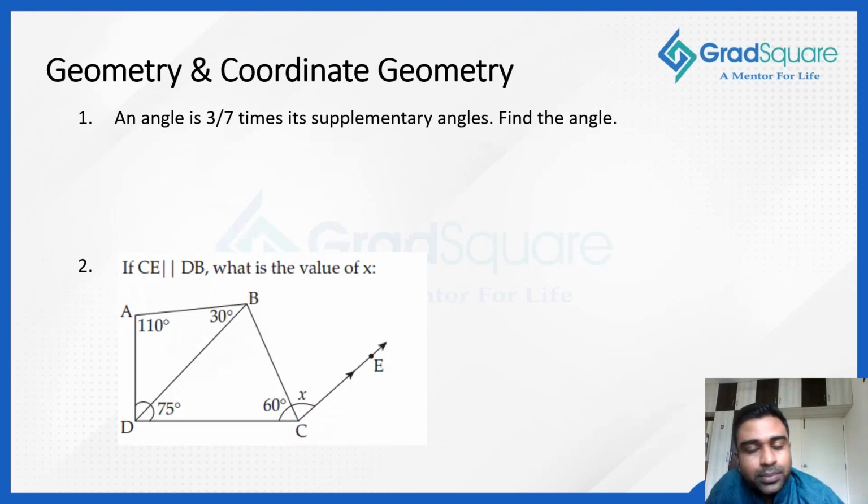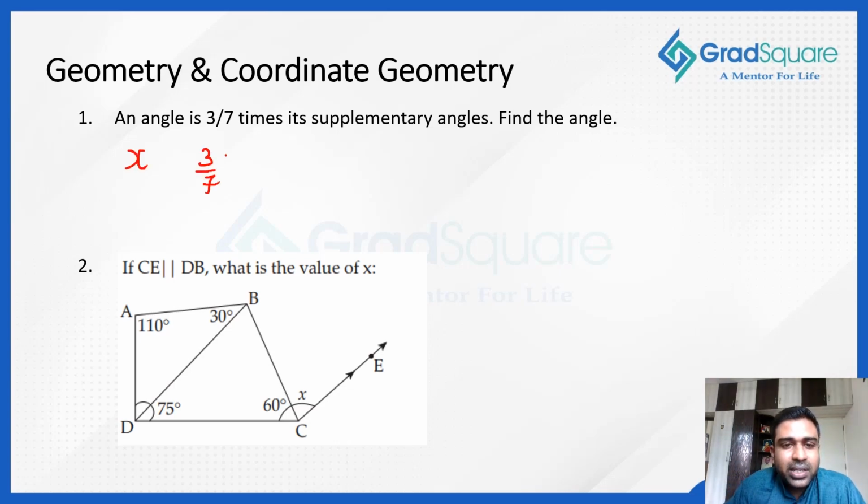And when it comes to geometry, by applying the basic properties of angles, triangles and certain other figures, we'll be able to get down to the answer. Here an angle is 3 by 7 times of its supplementary. We know that sum of the supplementary angles is equal to 180 degree.